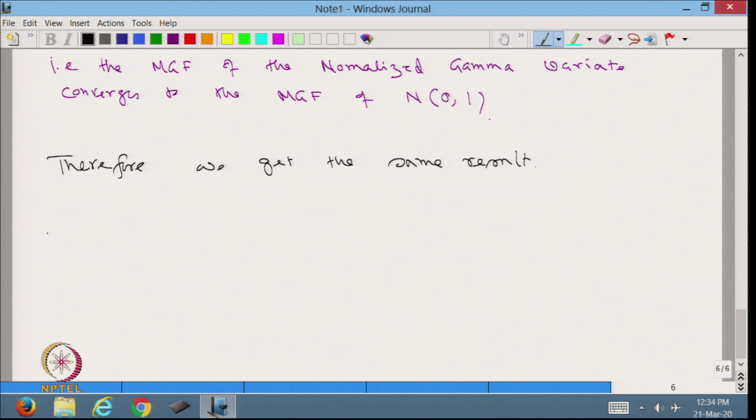And therefore, as I said, this comes from the central limit theorem.